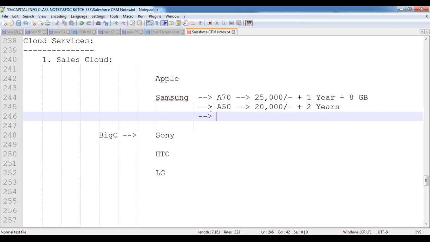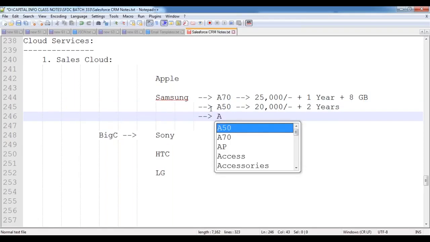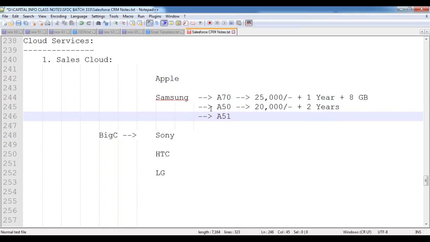And for the A51 model, along with the mobile cost, they provide 2 years of free insurance service, and then a flip cover for that mobile.